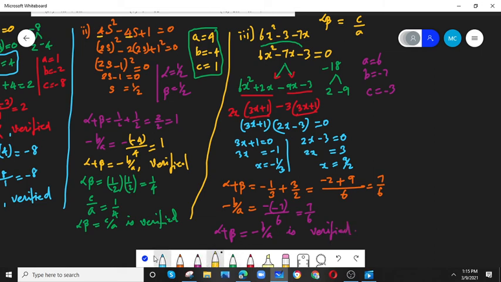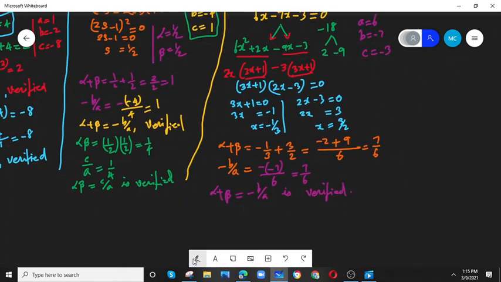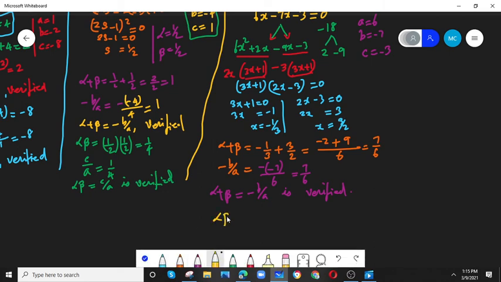Similarly, we can go for alpha into beta also. We can verify alpha into beta. What is alpha? Alpha is minus 1 by 3. What is your beta? 3 by 2. 3 gets cancelled, minus 1 by 2. So what is the value of c by a?